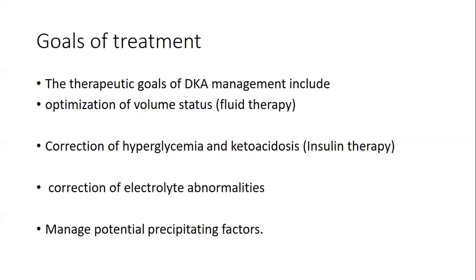They have lost a lot of fluid, so we need to replace that fluid. 2, correction of hyperglycemia and ketoacidosis, and usually we achieve this by insulin therapy. 3, correction of electrolyte abnormalities. And 4, management of potential precipitating factors, and also prevention and treatment of complications of DKA treatment.